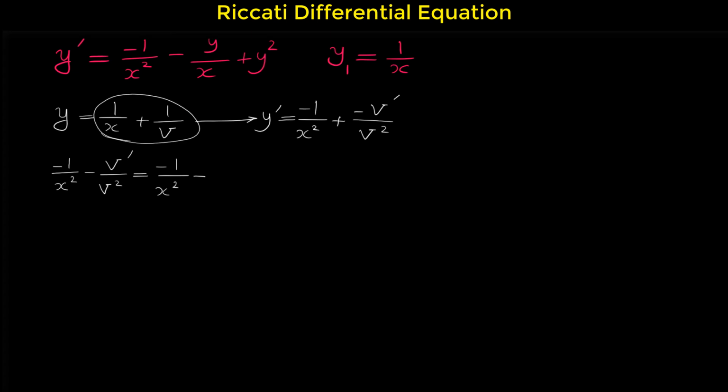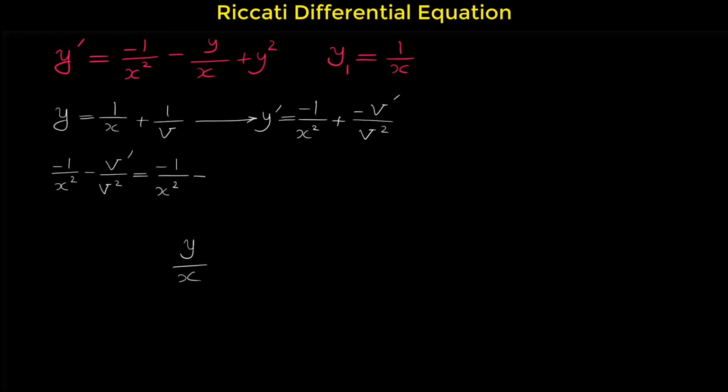y is this expression, and we have to divide this by x, or in another way we can say we have to multiply this by 1 over x. Let me show you how you can calculate this. We want to find y over x, and y is this.